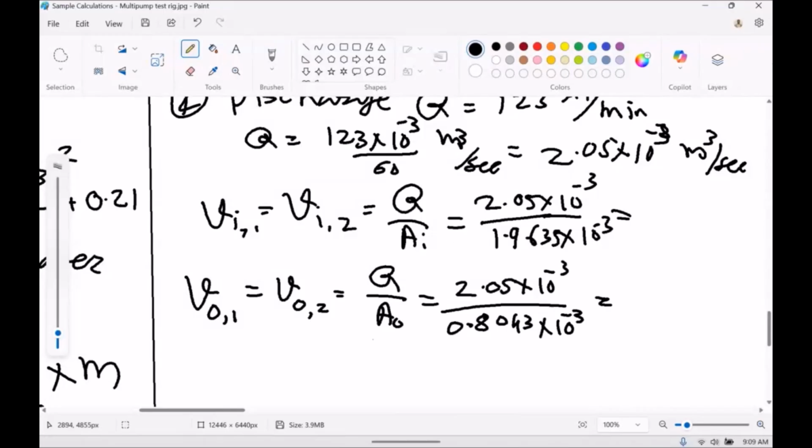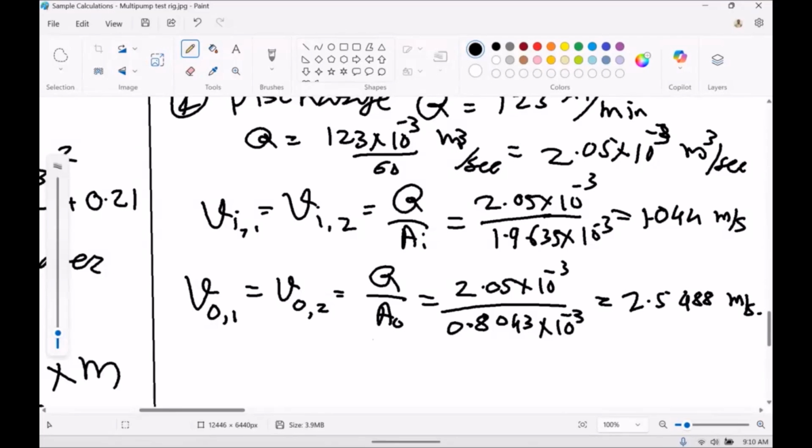Here I want to tell you the inlet area is always more and outlet area is always less, to avoid cavitation. This question is asked in interviews, remember. So the velocity at inlet is 1.044 meter per second and velocity at outlet is 2.5488 meter per second. So velocity at outlet is more because the area is small.